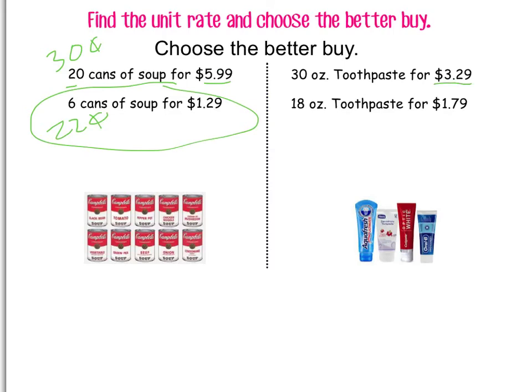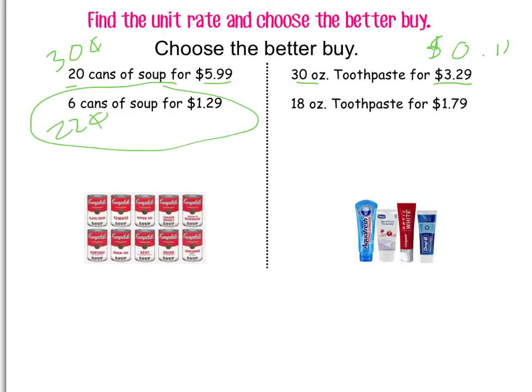So I'm going to take my dollar amount divided by the amount of ounces. So I'm taking $3.29 divided by 30, and I get 0.10966666666 on and on. So I'm going to call that 11 cents. I'm going to write this one with a dollar sign. So 11 cents looks like that, and that's more like what it looks like on your calculator.